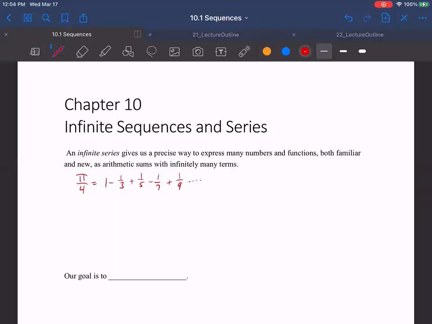So I'd like you to real quick go ahead, grab a calculator, type in pi divided by 4, hit enter, and then try typing in those first few terms of our series and see how close together they are. Of course, the further you keep going, the closer and closer together these will get. Go ahead and give it a try, just to see.